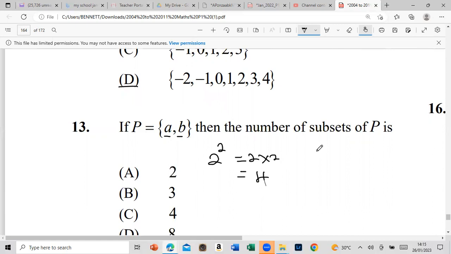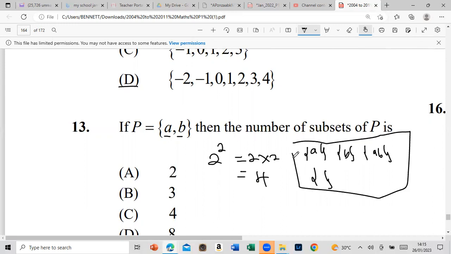Also, because it's so limited, I could have said one set could be {A}, another set could be {B}, and you have {A, B}, that's another set. So that's 3 so far. And then you have what we call the empty or null set. So these are the 4. So definitely, if you don't remember the formula, you can literally list them out.